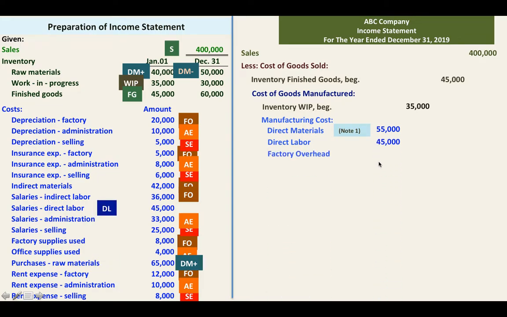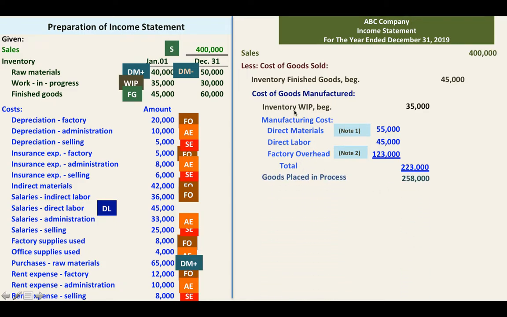And then the factory overhead. We have already calculated the factory overhead in our note 2, okay? And the total is 123,000. So these are all your manufacturing costs, and the total of that is 223,000. And in computing your cost of goods manufactured, work in process beginning, plus manufacturing cost will give you goods placed in process.